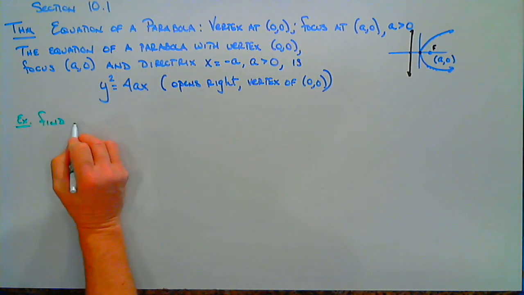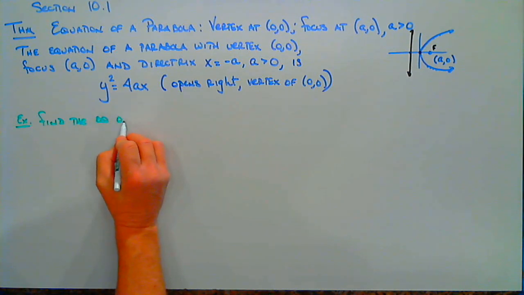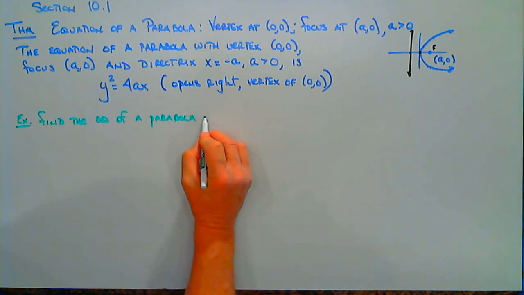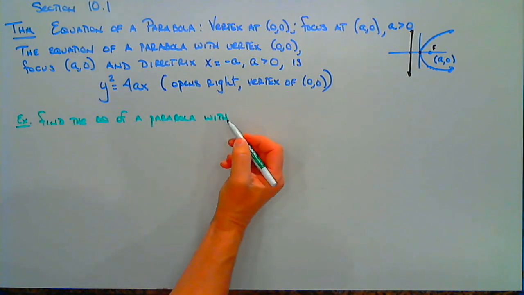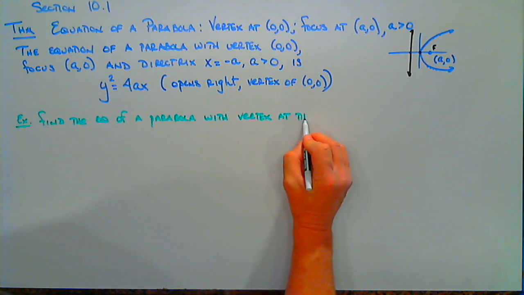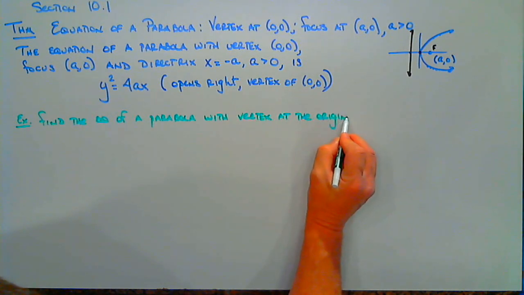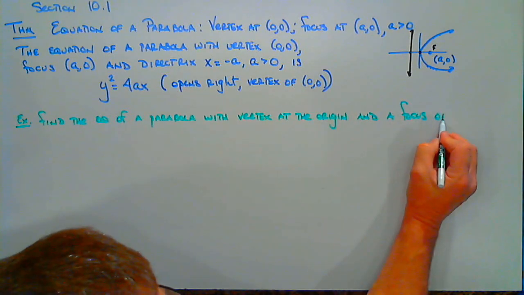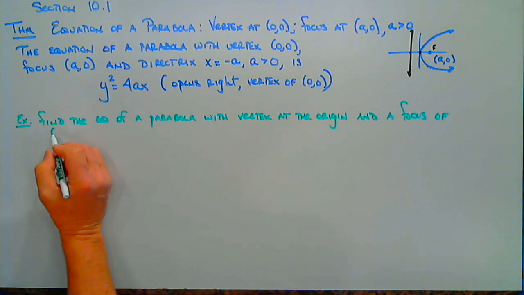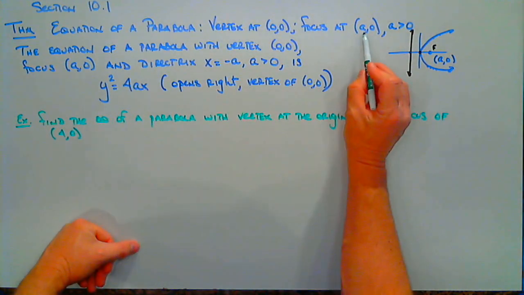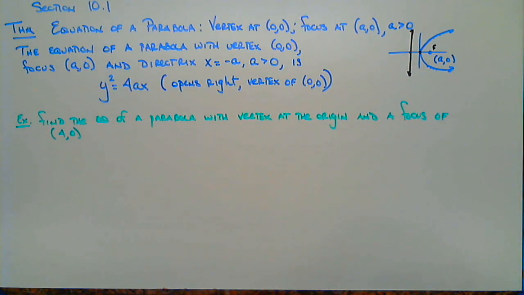So let's say we want to find the equation of a parabola with vertex 0, 0, and a focus of, let's say, 4, 0. Because that's all we know. We don't know how to find the equation of a parabola if we move the focus off the x-axis. That's all we can do.